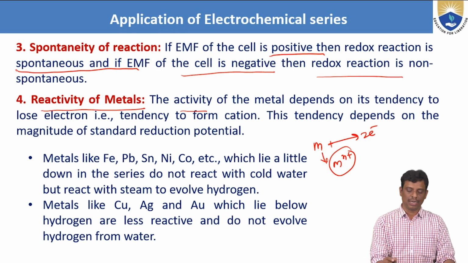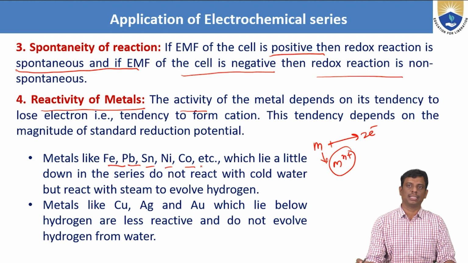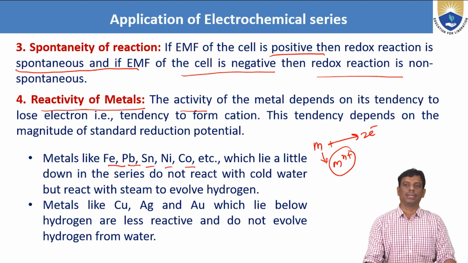There are some metals, iron, lead, tin, nickel, cobalt, etc. These metals are a little down in the electrochemical series.